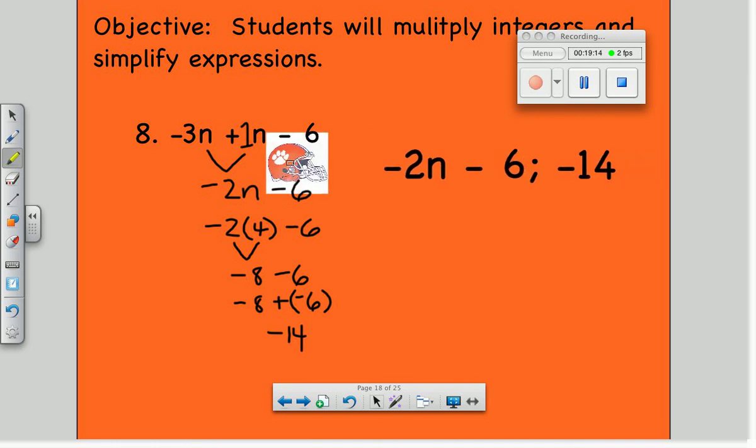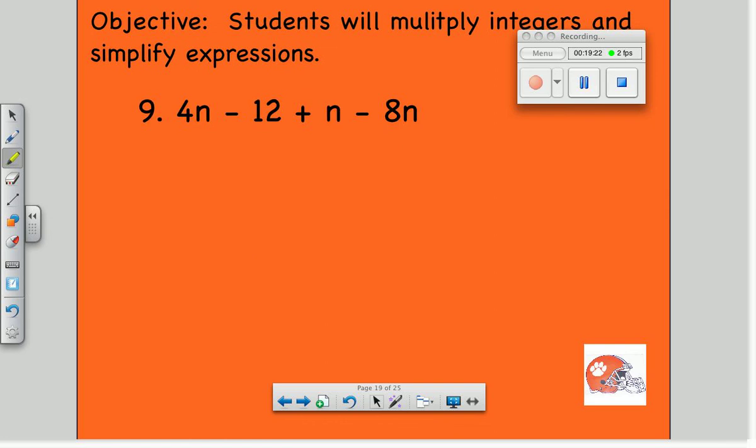So we have negative 2n minus 6 and negative 14. Okay, combining like terms. I'm going to change this to addition first because I want to use the commutative property of addition to change the order that they're being added in.